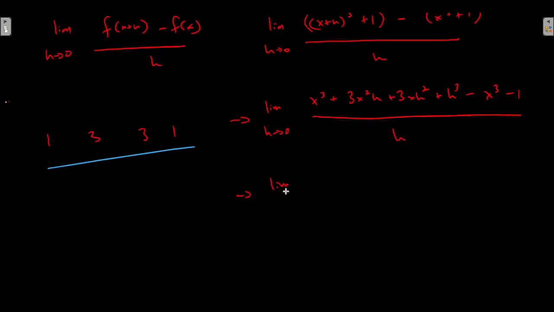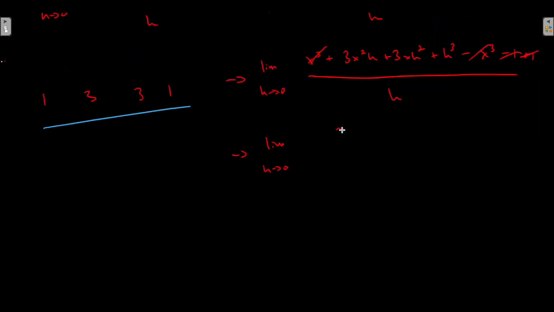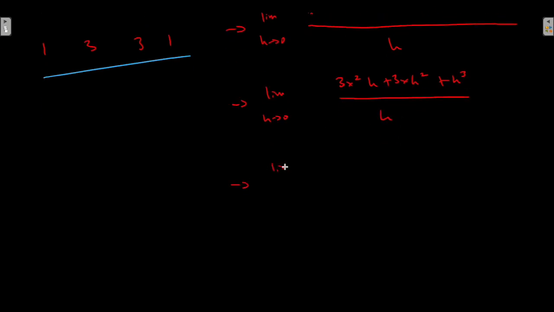This becomes limit as h approaches 0. We can get rid of these x cubes. We can get rid of the 1s. Oops, I guess I forgot to add that. Well, I'll just add it here. We're left with 3x squared h plus 3x h squared plus h cubed over h, which gives us, we can cancel the h's out.